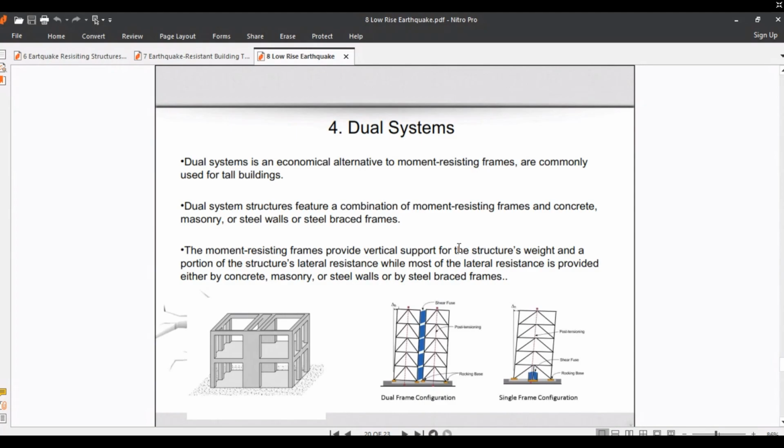You can see the delta H displacement in dual frame configuration is less than the delta H displacement in single frame configuration, based on the resistance of moment resistant frames.